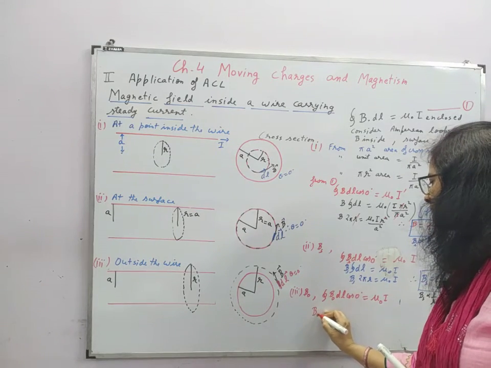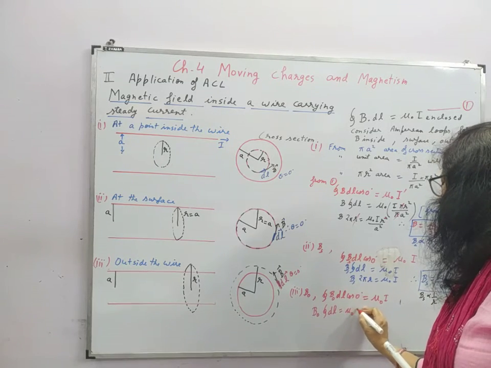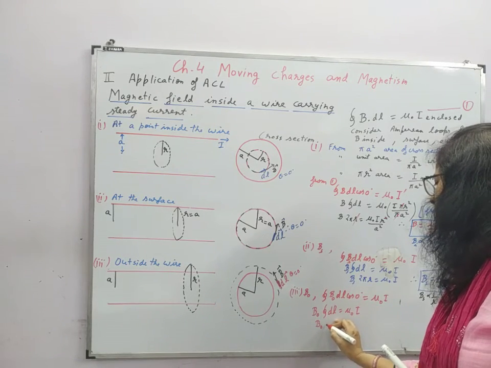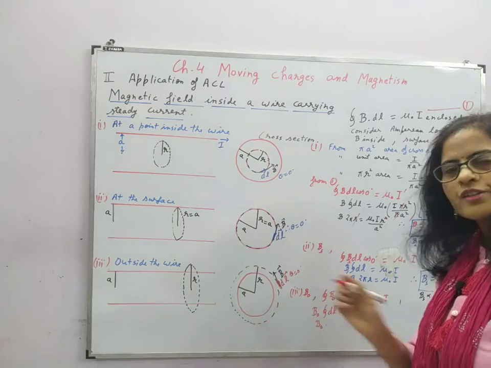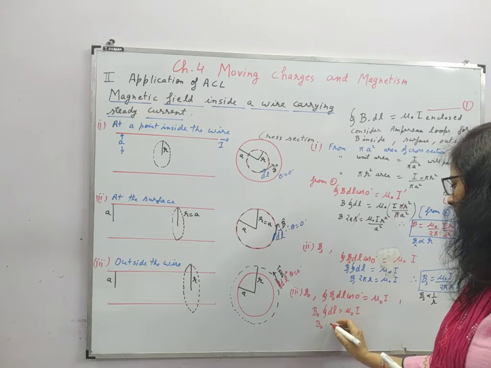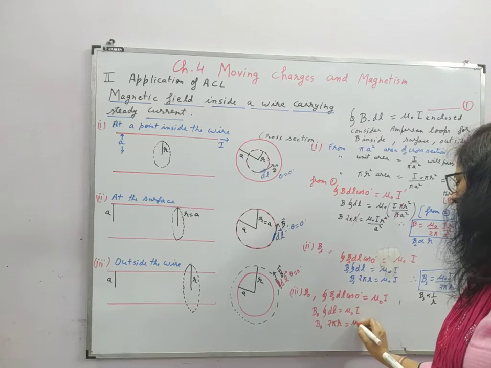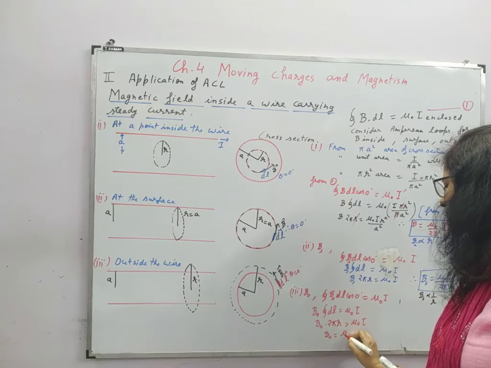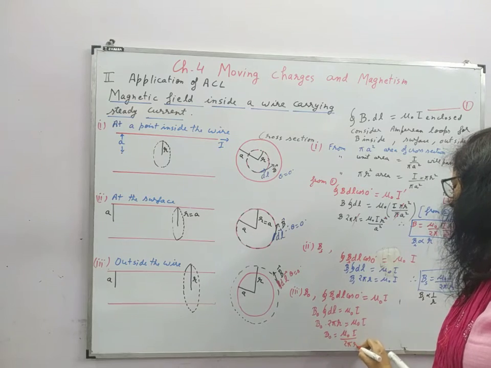Again as before, B outside integration of dl is equal to mu naught I. So B outside into dl integral is what? The circumference of this Amperian loop, right? So from here again I can write 2 pi r is equal to mu naught I. So B outside is mu naught I upon 2 pi r.